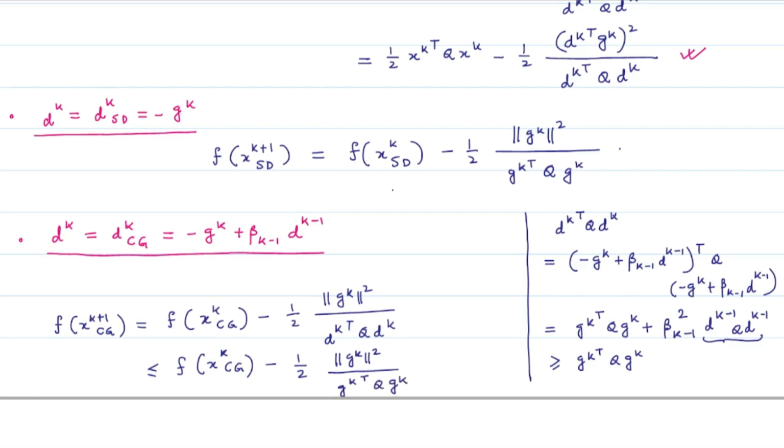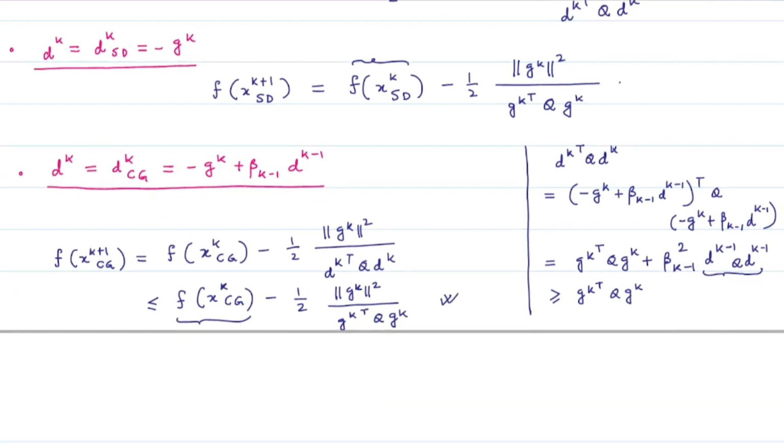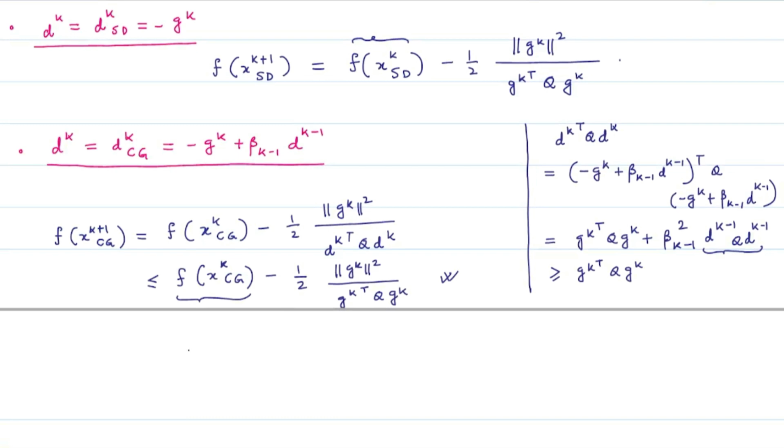Now if we have started from the same initial iterative point in the steepest descent method and in the conjugate gradient method, then the function values at the initial iterate are the same, and hence in the consecutive iterates this inequality will reflect that the function value at x_{k+1} for CG is less than or equal to the function value at x_{k+1} for SD.